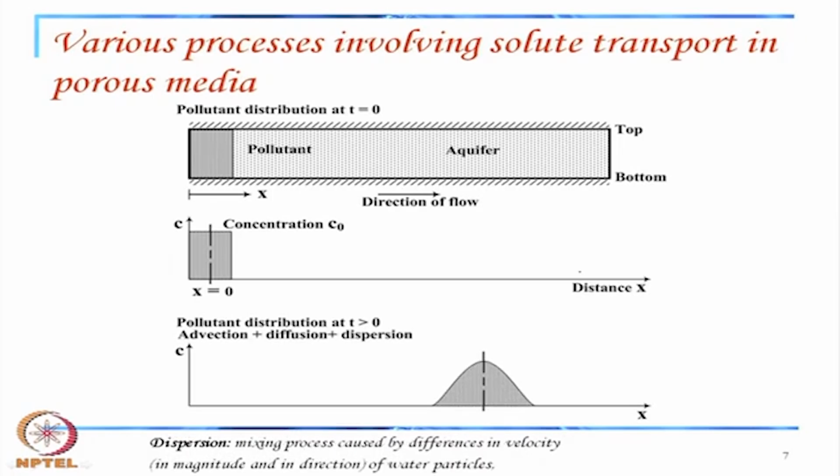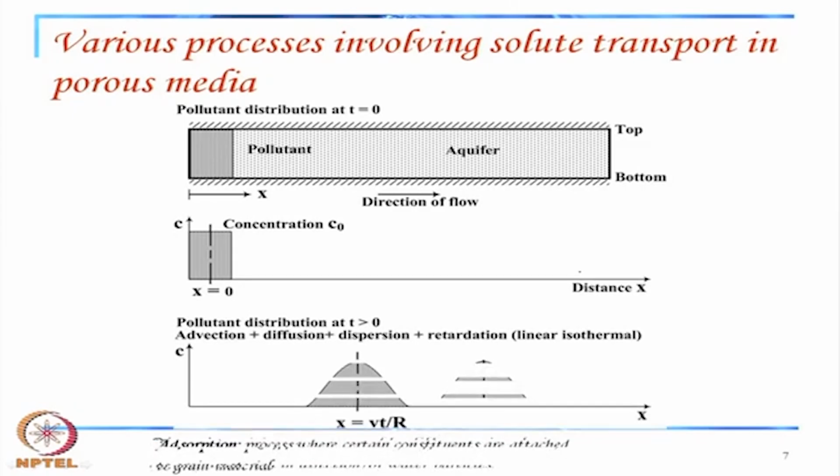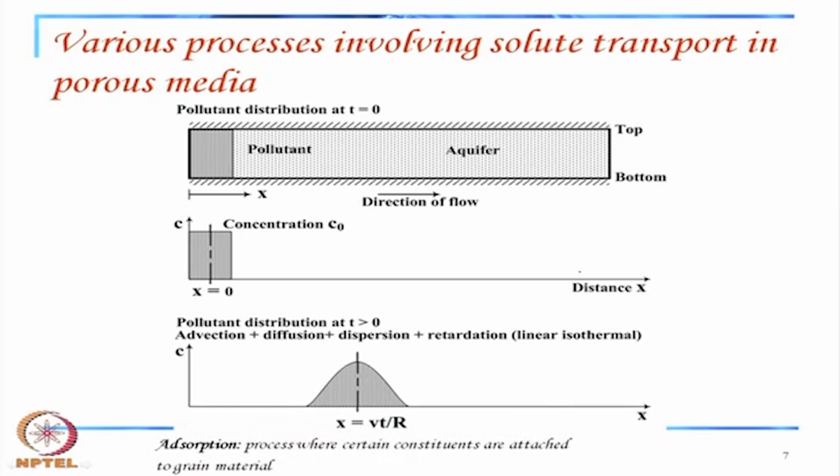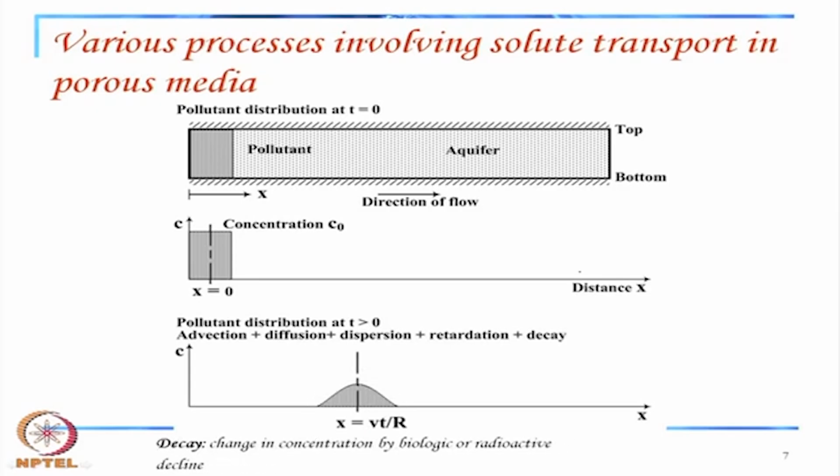Next, we can have dispersion, a mixing process caused by differences in velocity, in magnitude and direction of water particles, and another one is adsorption processes where certain constituents are attached to the grain material, and final thing is the decay.